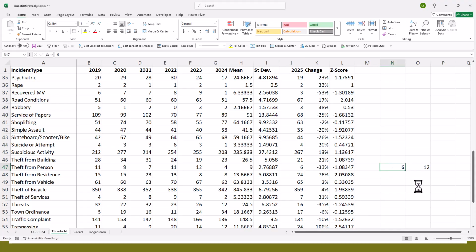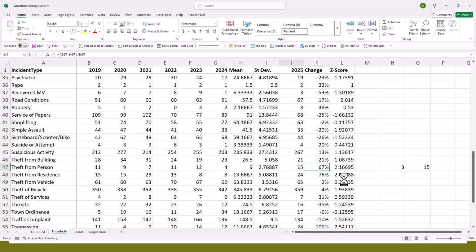If we were doing a 2 standard deviation window, 9 minus 6, because that's going to be 3 multiplied twice, is going to be 3. And on the high end, it'll be 15. Okay. So again, if the 2025 figure was 15, that would tell us we're 2 standard deviations above the mean. Okay.